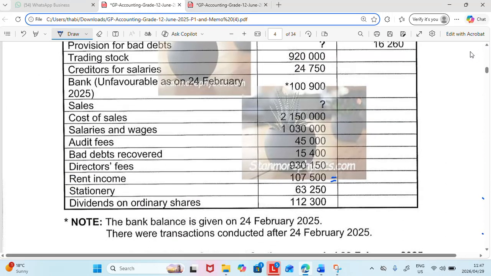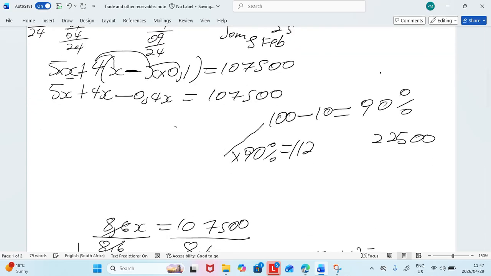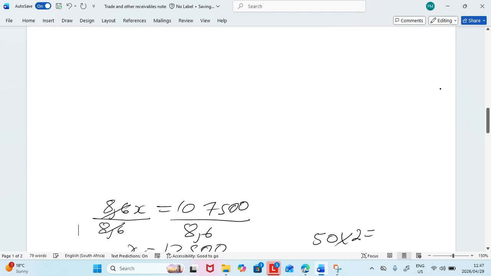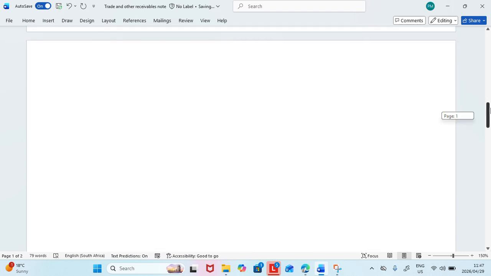We have director's fees of 930,150. So let's try to borrow more space here, guys. We have two directors, and they were there for how many months? 12. 2 times 12. How much were they receiving in directors' fees? We don't know.